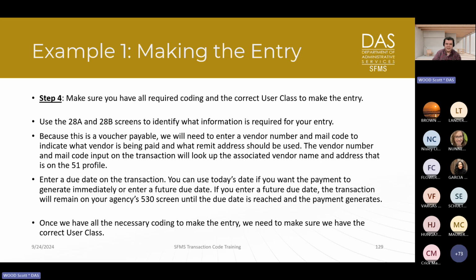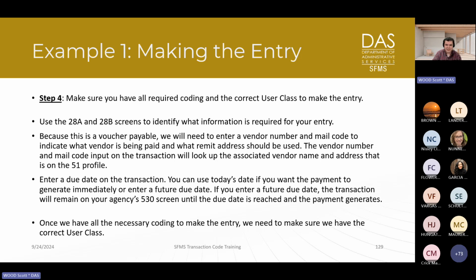For making this entry, before moving on to the proper user class, we need to make sure the vendor number and mail code are correct, as well as entering the due date for this entry.